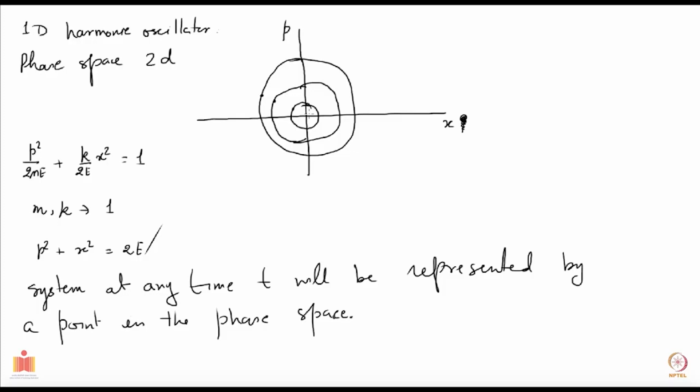The theorem is the following. Actually, before I say the theorem, let's ask the following. Let's say we are given a system with 2n-dimensional phase space.